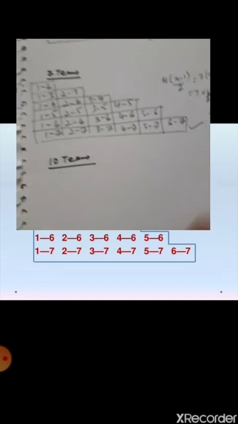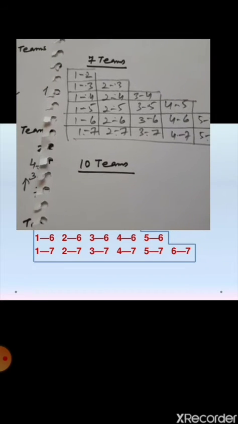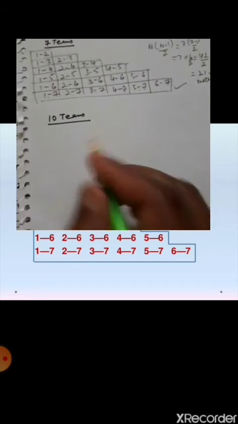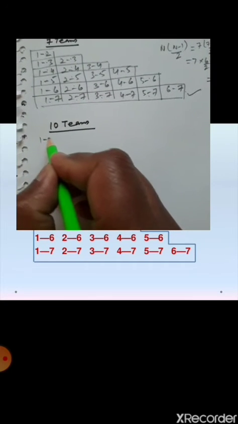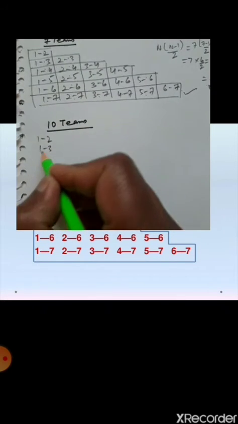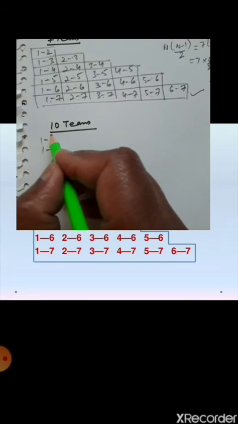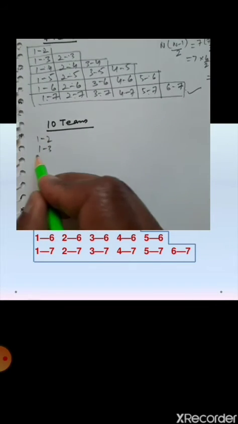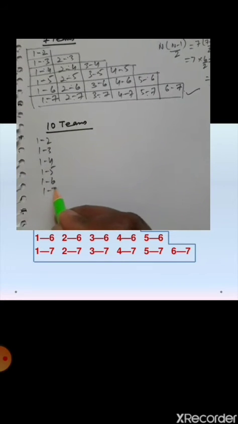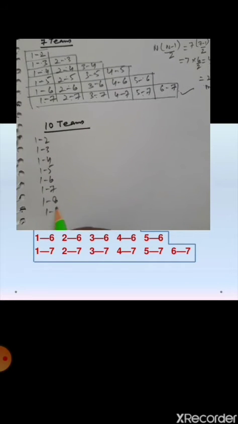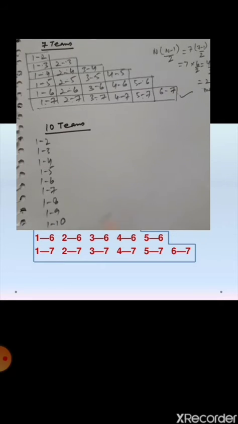All right, now let's make one more example, that is for the 10 teams. Let's locate the teams here. 1 by 2, 1 by 3. We cannot take 1 by 1 because 1 cannot play with 1. So we have taken 1 by 2. Okay, 1 by 3, 1 by 4, 1 by 5, 1 by 6, 1 by 7, 1 by 8, 1 by 9, 1 by 10.